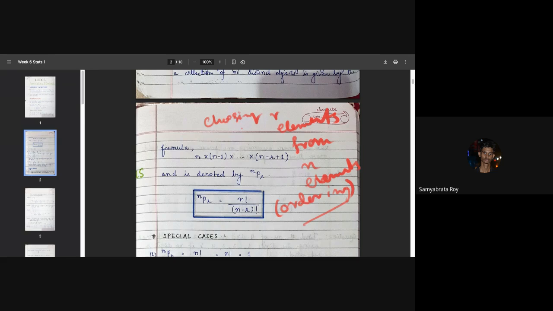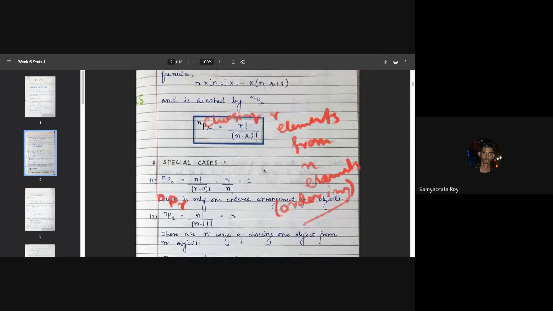This is the formula: n factorial by n minus r factorial, and this is denoted by nPr. Okay, any doubt?